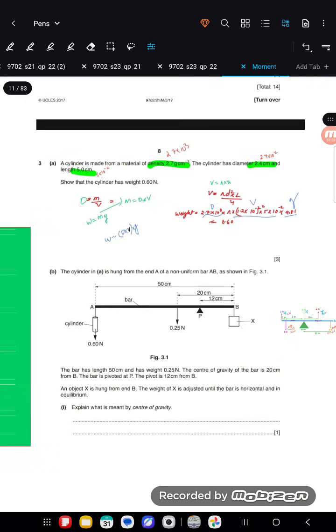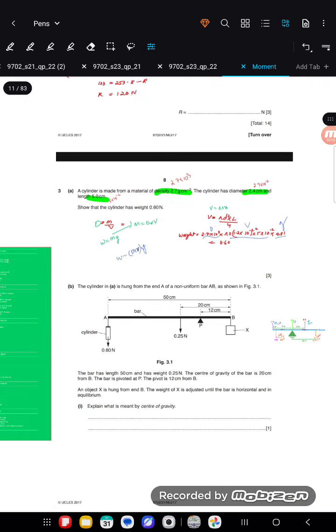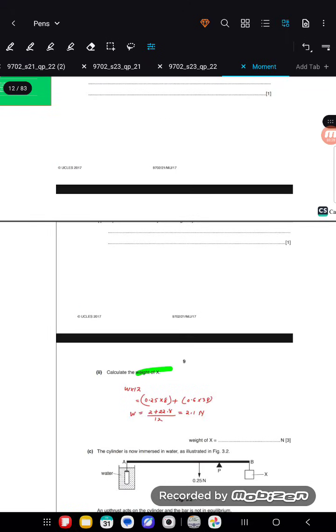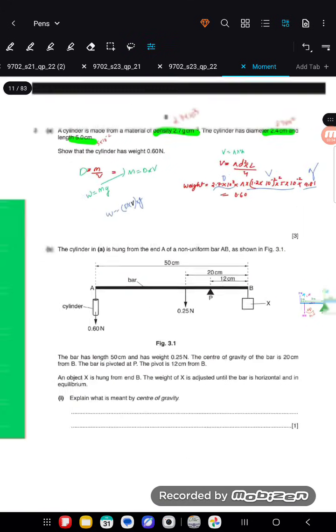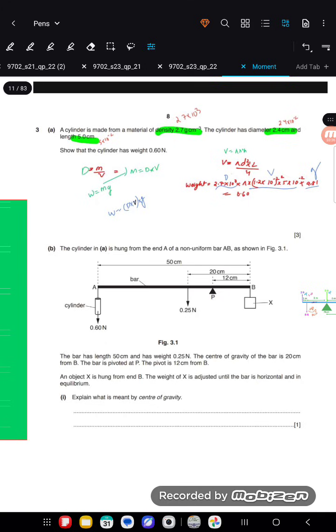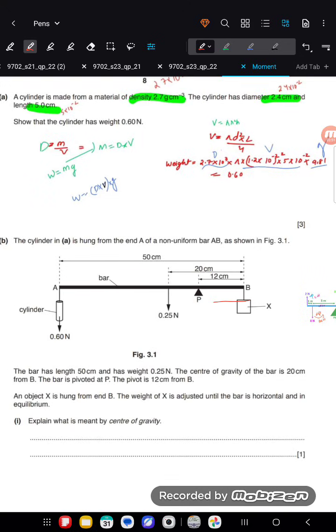Same for this question also, nothing hard. The pivot is P, calculate the weight of X. Okay, so P is here. Now they are saying the pivot is here, so there is some force acting on this side, some force acting on this side.